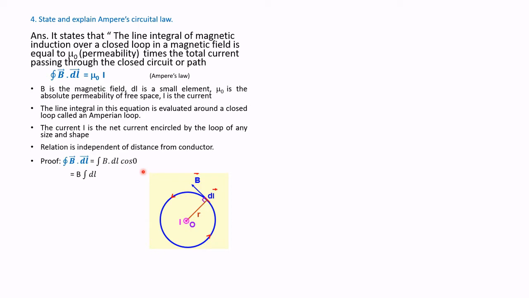Therefore, B integral dl, but the integral of dl is 2 pi r, that is the circumference of the circle. Therefore, B is mu naught I over 2 pi r, into 2 pi r. So this 2 pi r gets cancelled, and the remaining part is integral B dot dl equal to mu naught I. Hence the proof.